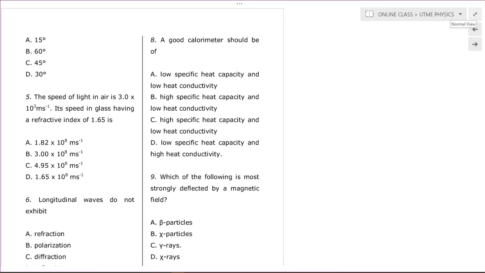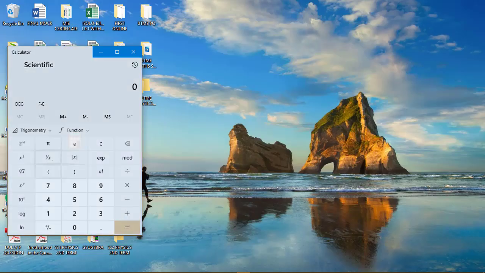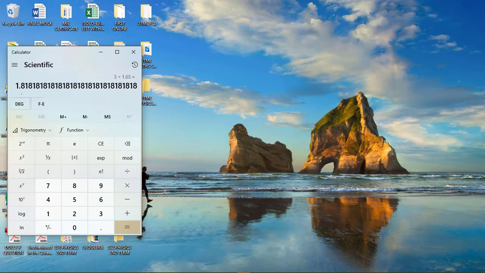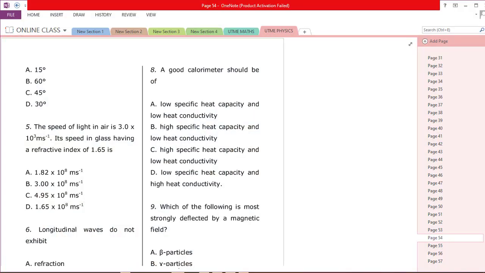So we have 3 divided by 1.65. See what that gives us? That gives us 1.818181 like that. So it's like we are having 1.82 times 10 to the power 8.